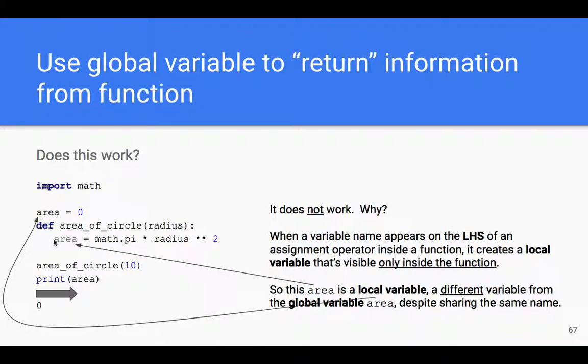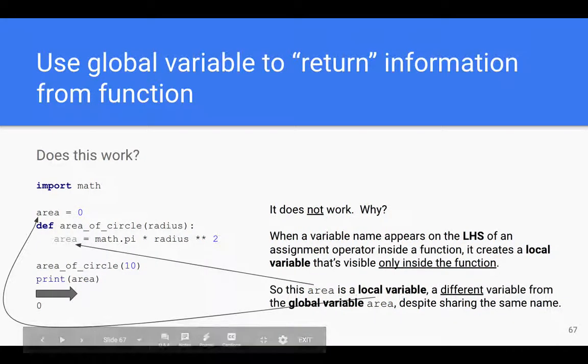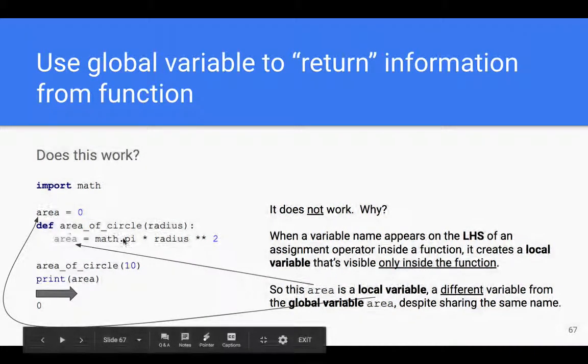Okay, so we have a local variable called area, and we have a global variable called area. But those two variables, even though they are both called area, are different variables. One is local, one is global.